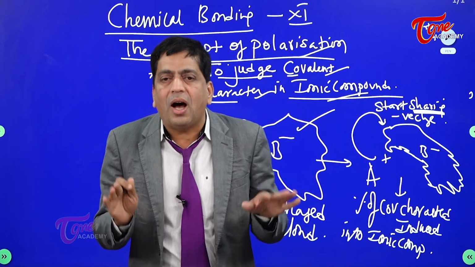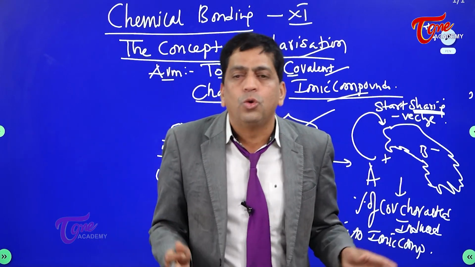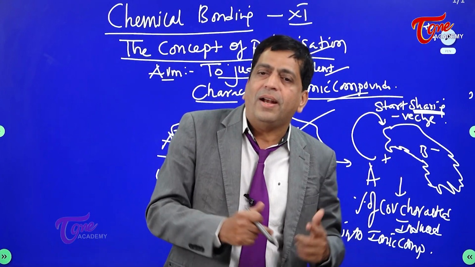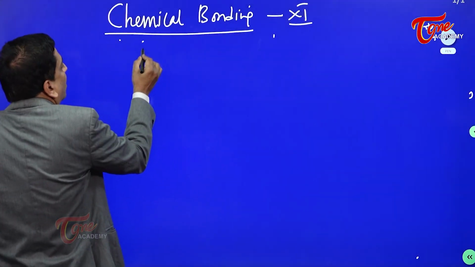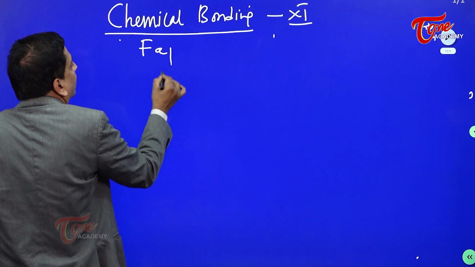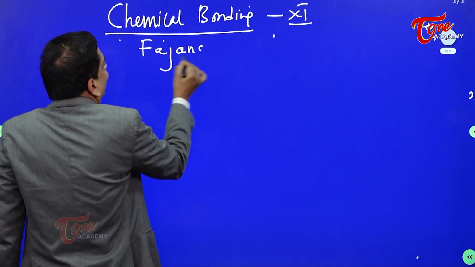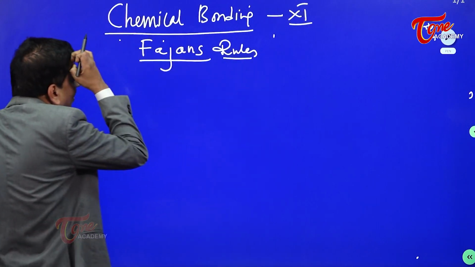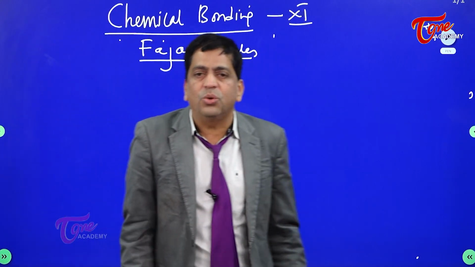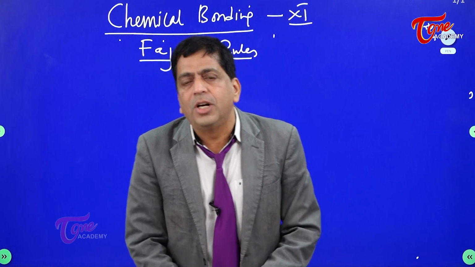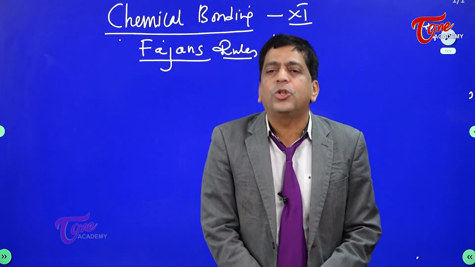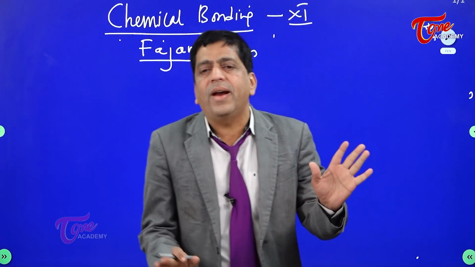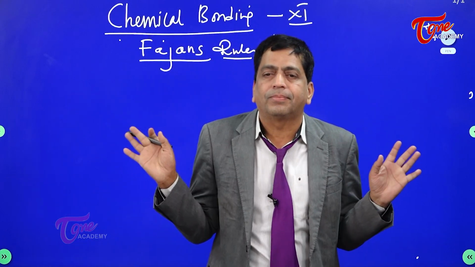And these comments become rules, and those rules have been given a name. Let us see that. These are nothing but the Fajan's rules. Now what Fajan does is he's commenting on both anions as well as cations.